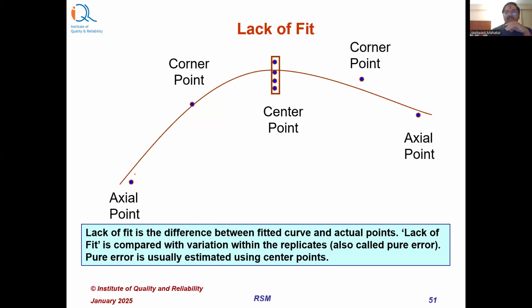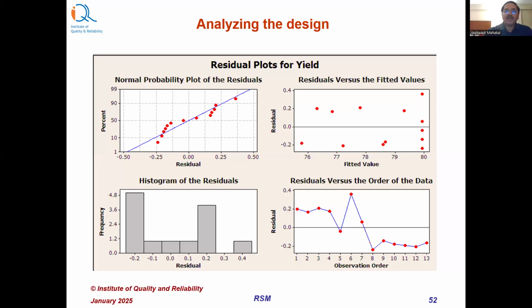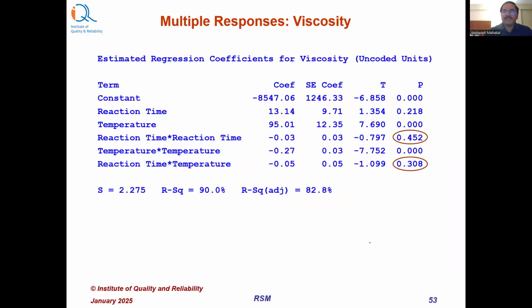If it is a good fit, then the difference between the fitted curve and the actual points is not very high. Okay, so that's how it is done. These are the residual plots for yield.